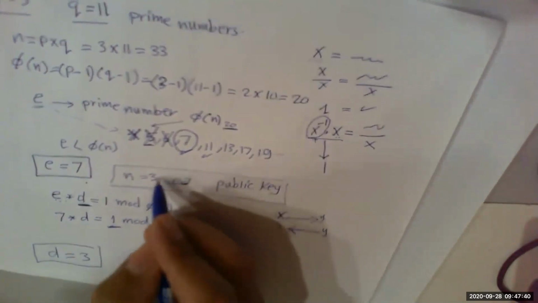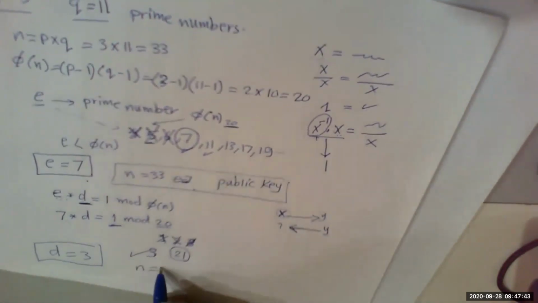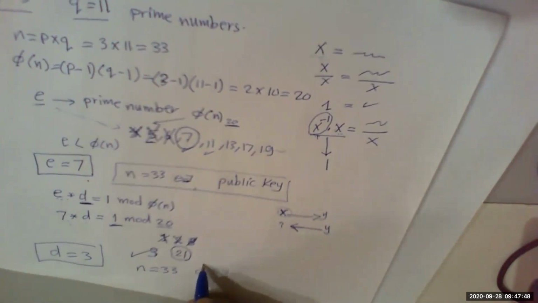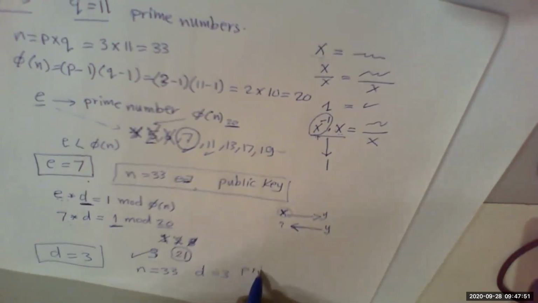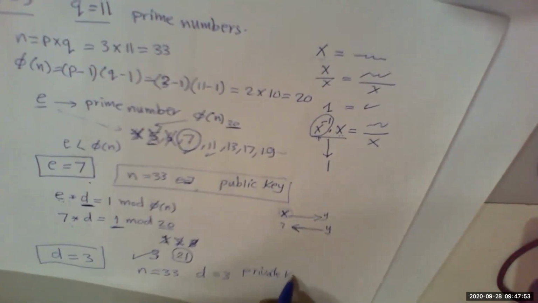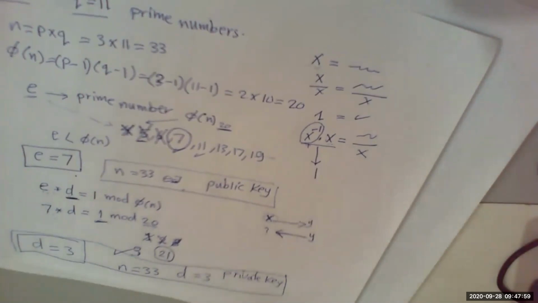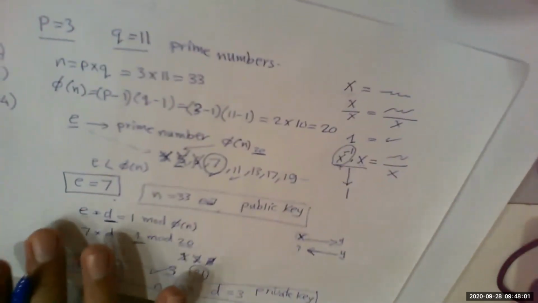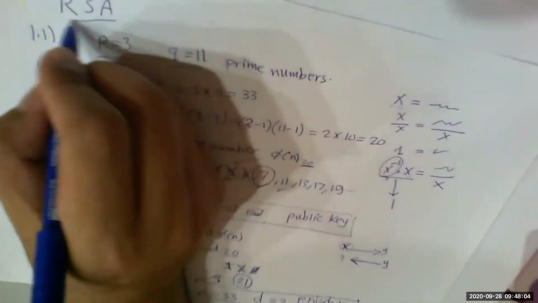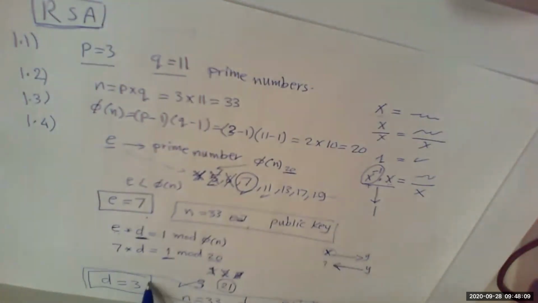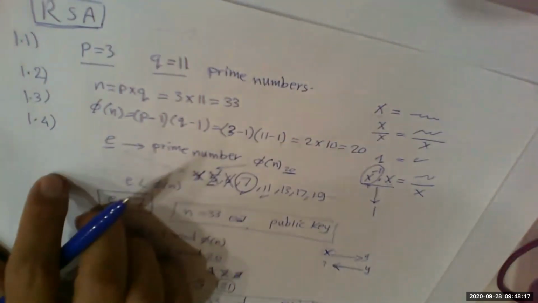We have N equal 33 and D equal 3. Now I have my private key. So Alice can keep this private key to decrypt the data. This is the entire procedure of RSA in a very simple way. I know there are some calculations here, but if you follow, this is very straightforward. You can understand it.